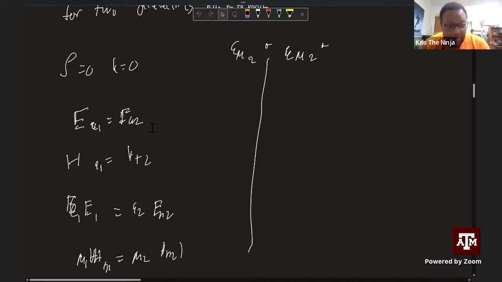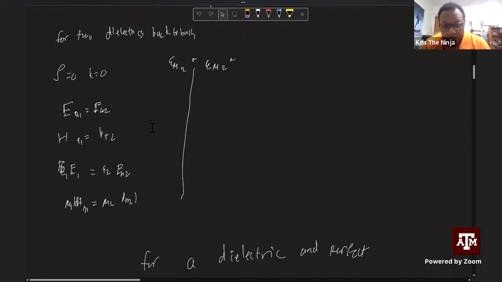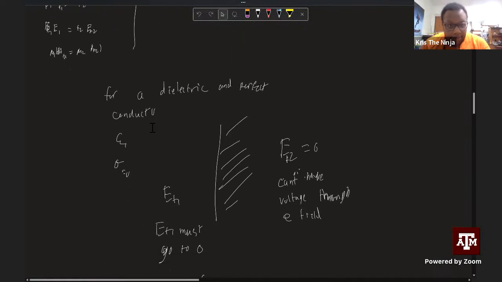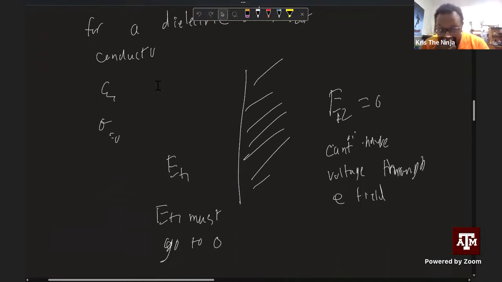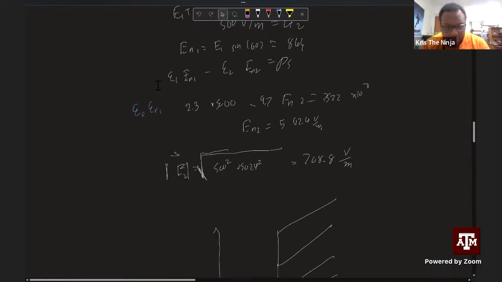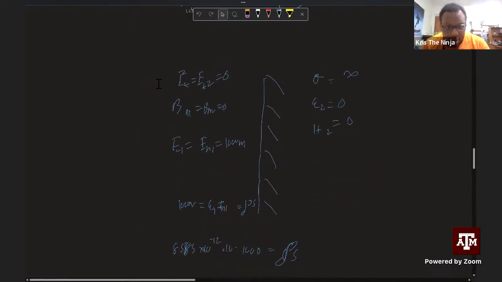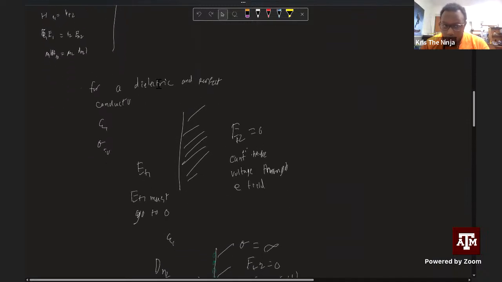For 2 dielectrics back to back, all of these apply. So for a dielectric and a perfect conductor, what was it? A perfect conductor, I think, has no charge loss.